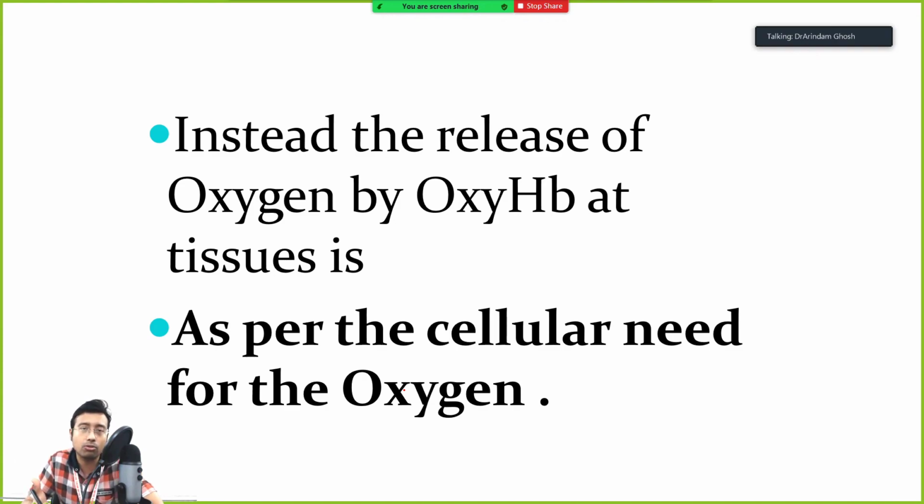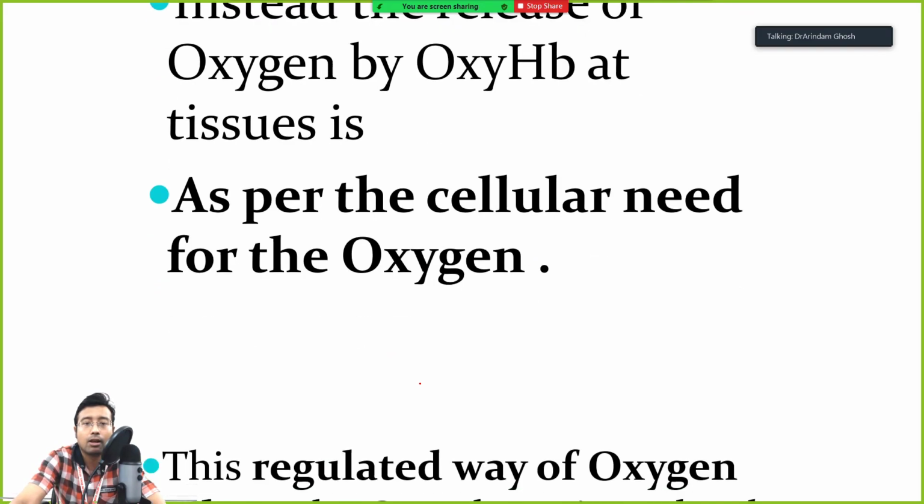That is why we saw whenever you are not exercising, it is releasing 75 up to 25%, and more when you are exercising more. The organs which are exercising more: suppose I am exercising with my arms, naturally the oxyhemoglobin supplying my feet doesn't need to release that much oxygen, right? So it depends on the cellular need of oxygen.